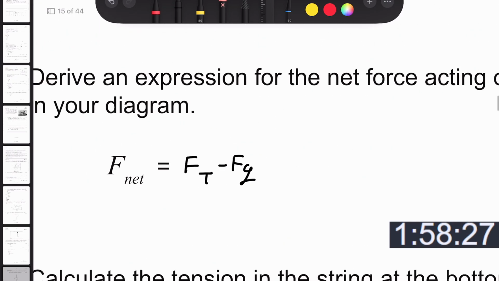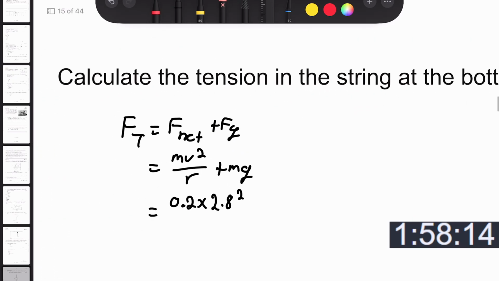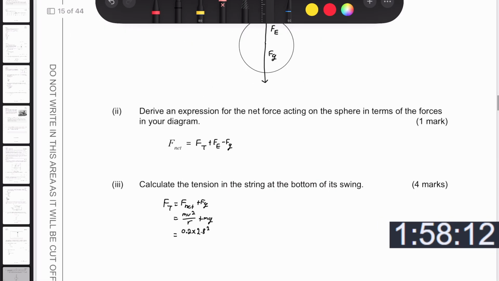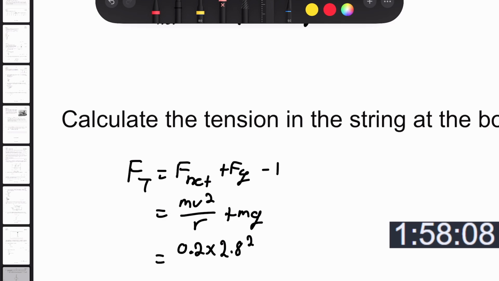So it's tension plus force of the electric minus F of G. Tension in the string at the bottom of its swing. F of T is that F net plus F G minus F of E.